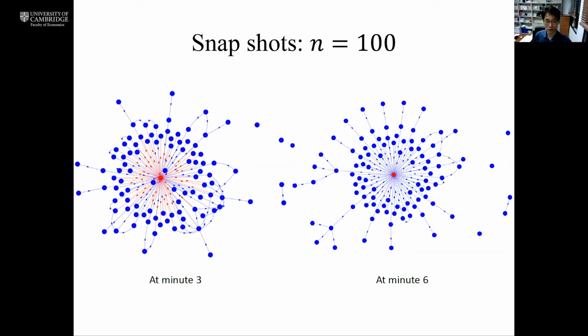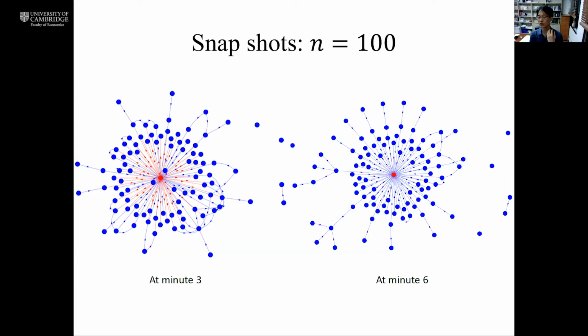Here, the blue incoming links are the links created by the other players to that guy. The red links outgoing from the hub are the links created by the hub. So at minute 3, this guy not only attracts many links but also creates many links, as you can see.